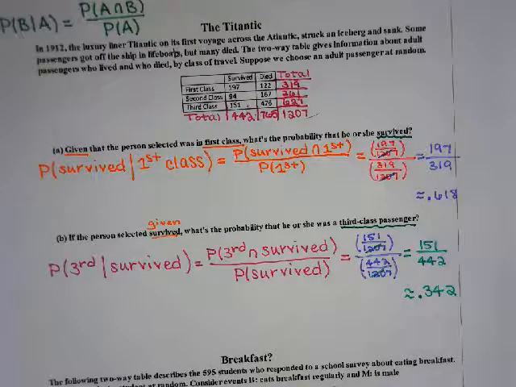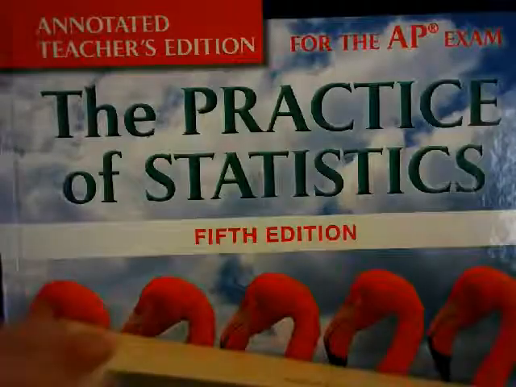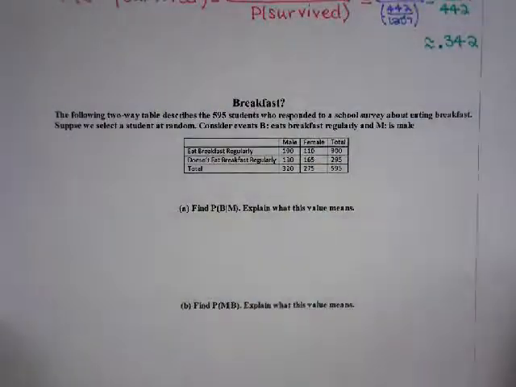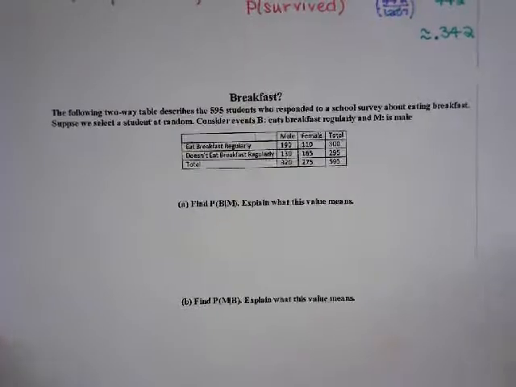All right. So the following table describes 595 students who responded to a school survey about eating breakfast. Suppose we selected a student at random. Event B is eats breakfast regularly, and event M is male.